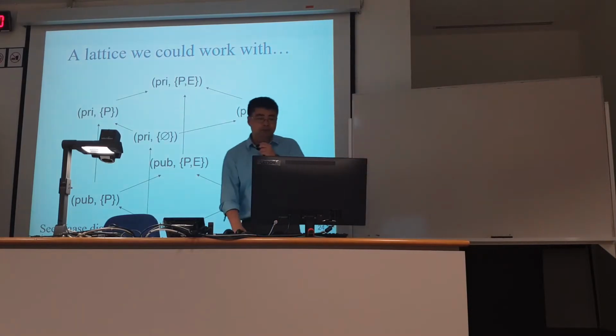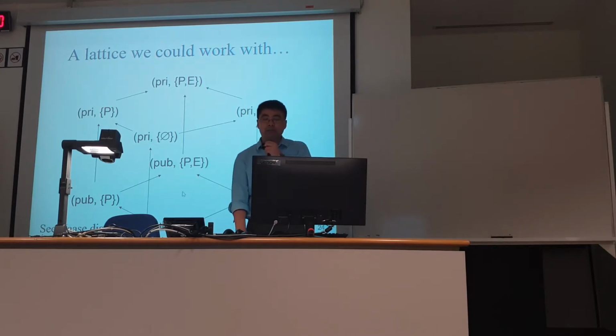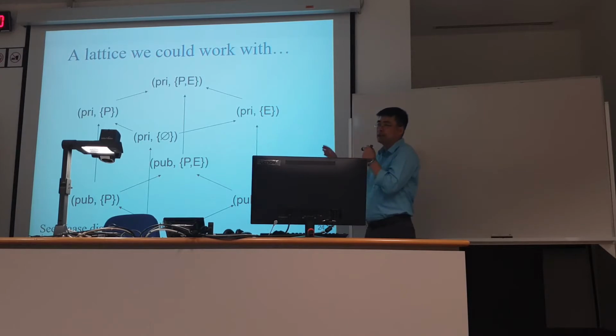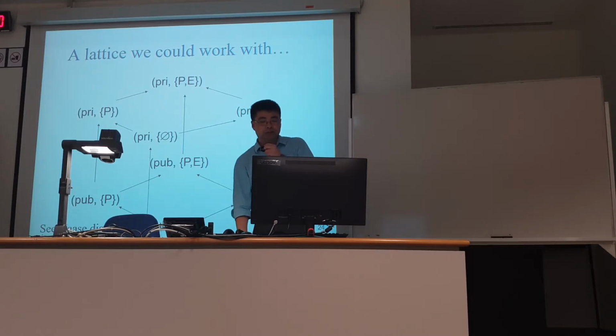However, if you look at the whole structure, actually the two bounds are still there. For any two items, you can always find the least upper bound and the greatest lower bound, right? So that means this forms a lattice, because no matter which two objects you pick, for example this one and this one, you can always find the least upper bound.